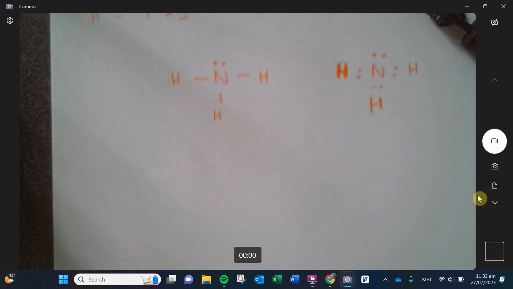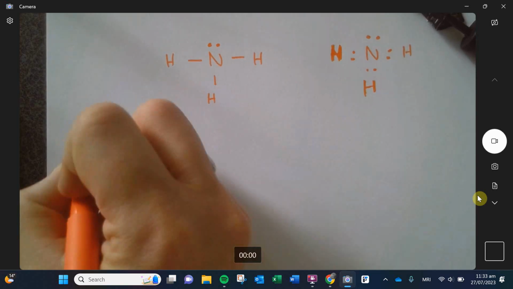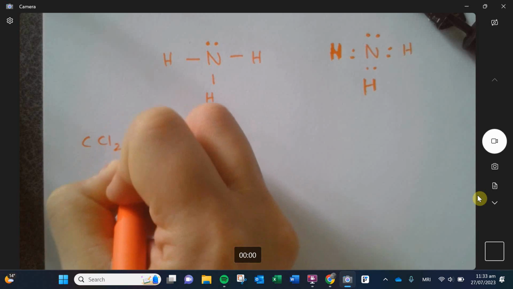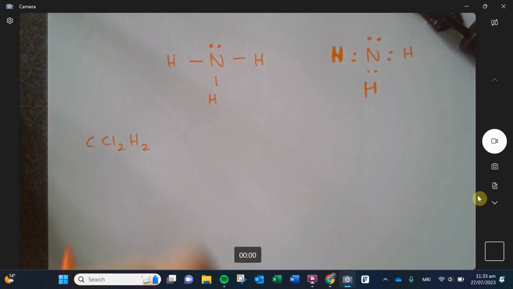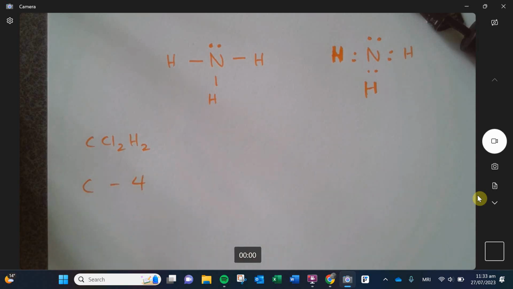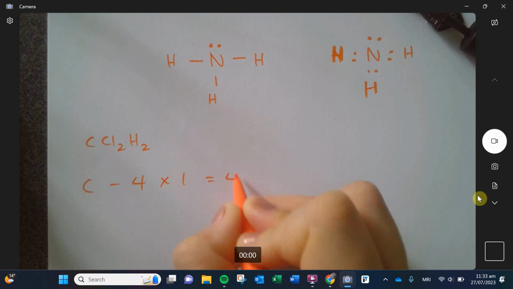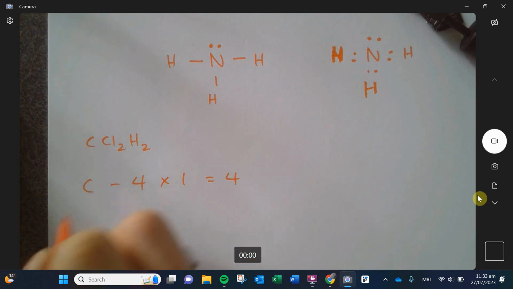Okay. Next one we have was dichloromethane. That was CCl2H2. So again, we look at the periodic table, we see what group they're in. Carbon's in group 14, so that's 4 electrons. We only have 1 carbon, so that means 4 electrons from there. Chlorine is in group 17, so that's going to give us 7 valence electrons to work with.